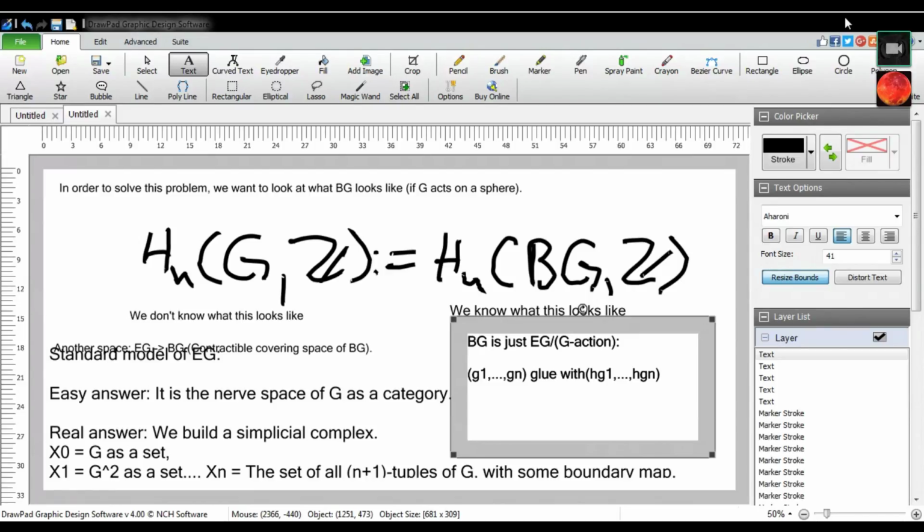But this is actually really hard to calculate in general. If you have some infinite group, it's not even just infeasible, it's in general impossible to calculate some homologies of this. So we want to see what actually happens here.